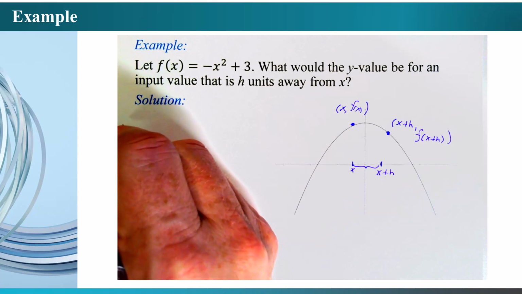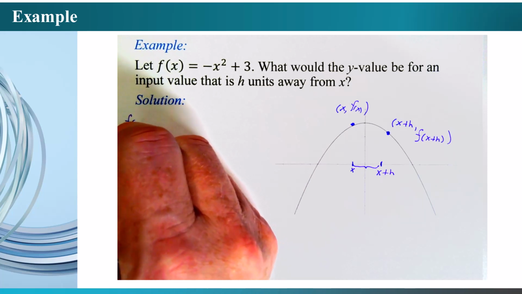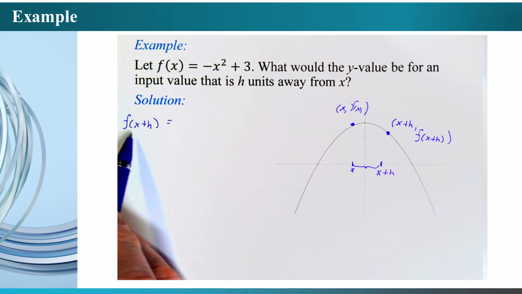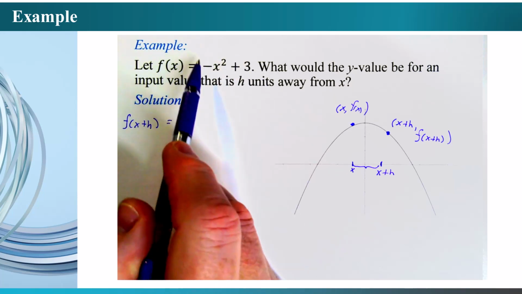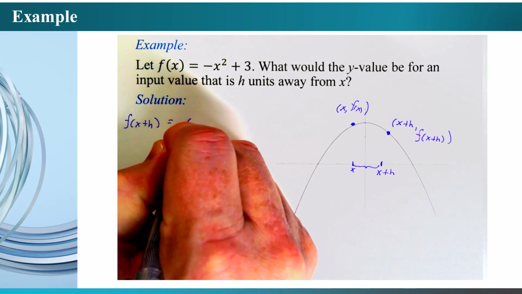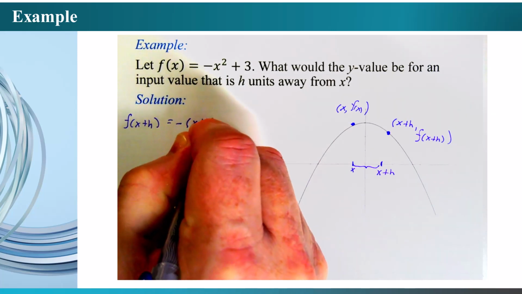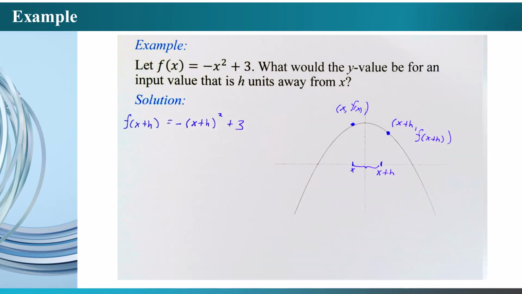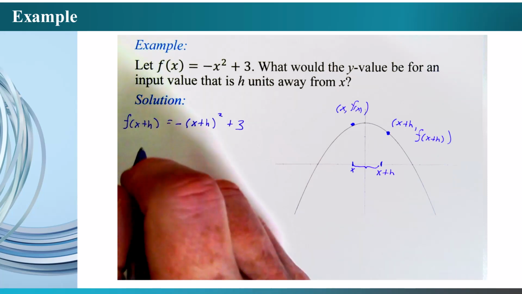Well, okay, f of x plus h, we can evaluate that. That just means that we take x plus h and we put it into our function up here. So we have negative x plus h quantity squared plus 3. That's the y value. And we could just leave it like that, or we could simplify this a little bit.